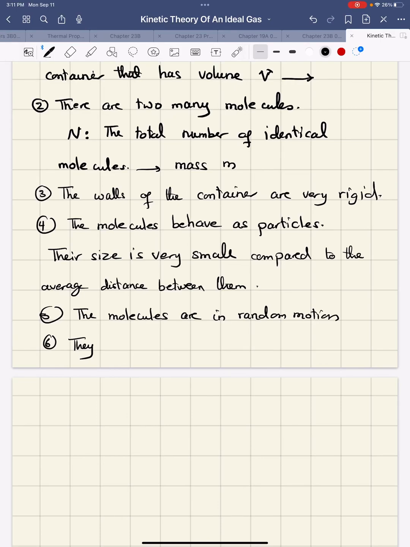Let's continue. And the last one I was talking about, the molecules are really in random motion. They obey Newton's laws of motion.